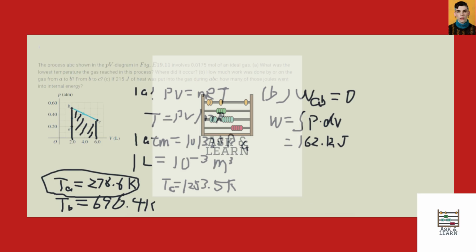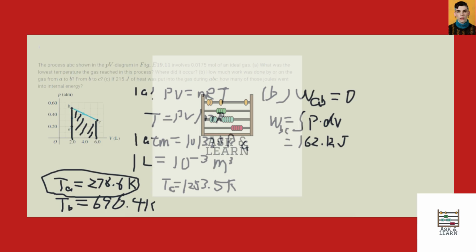Also bear in mind that before we start counting the area, you need to transfer the units into the standard unit, this atmosphere to Pascal, and this liter to meters cubed. Okay. This is the work done.